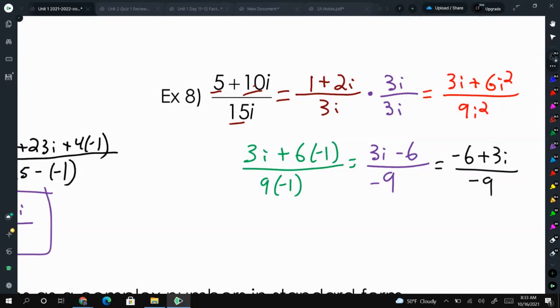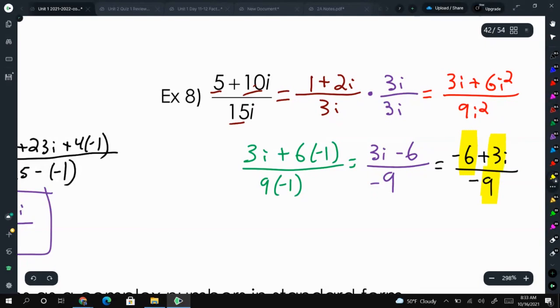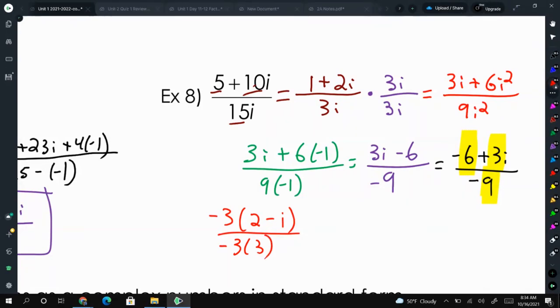The real part must go first. Now I'm going to divide. I see that these three numbers, 6, 3, and 9, are all divisible by 3. So what I'm going to do is factor out a -3. So -3 will give us 2 minus i over -3 times 3.